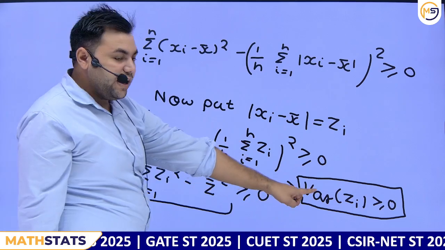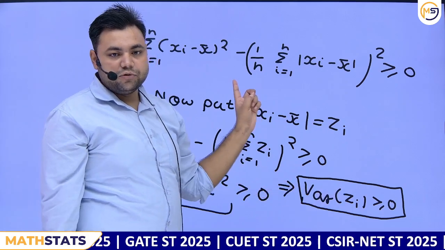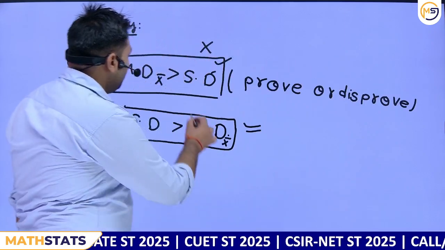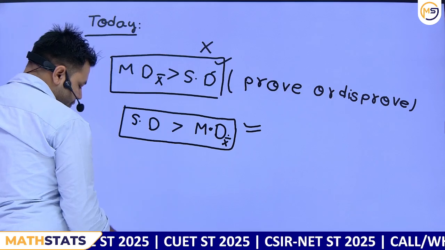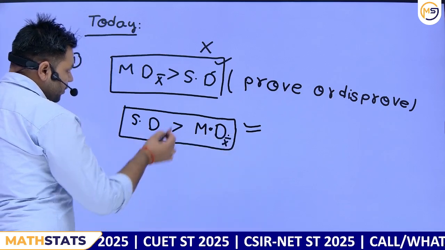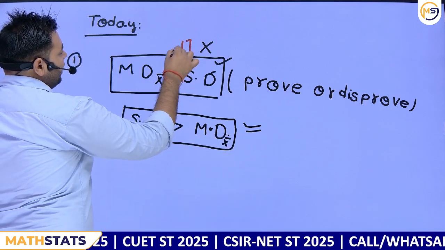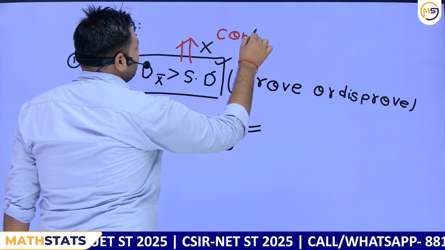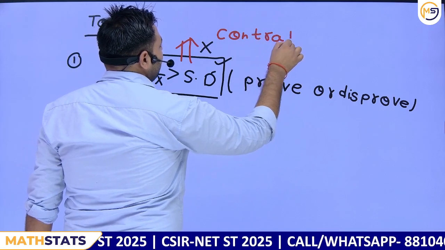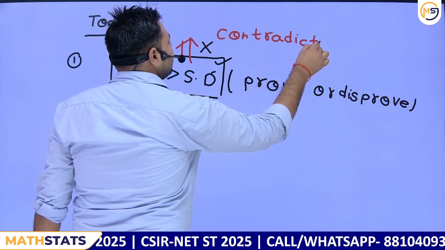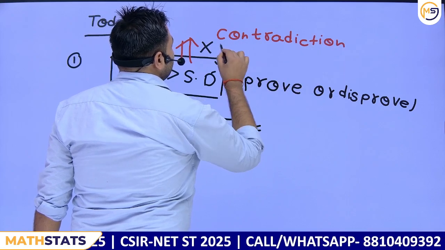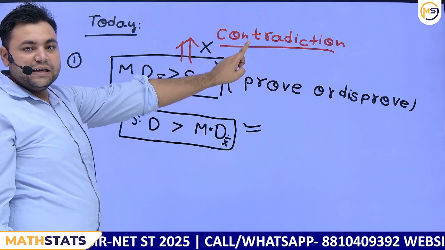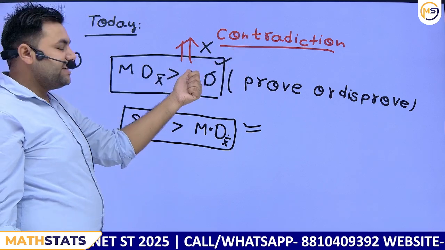Okay, if I find a contradiction here, then this is not true. When you want to prove this result and you get a contradiction, then this result is not true.